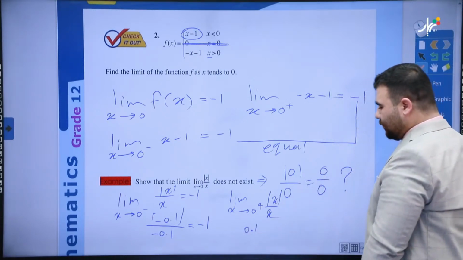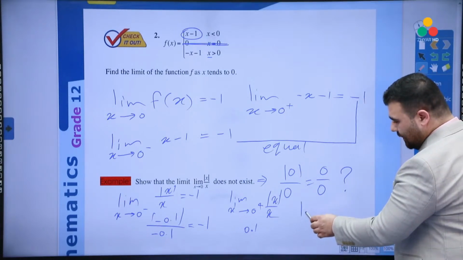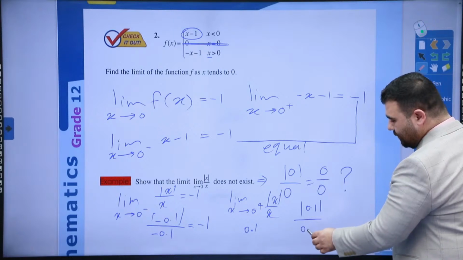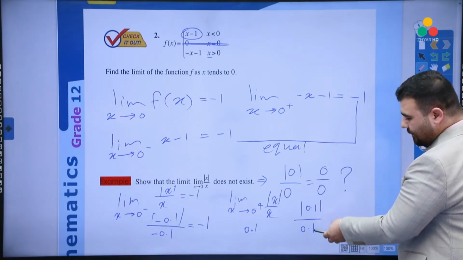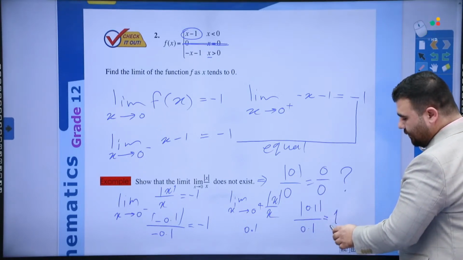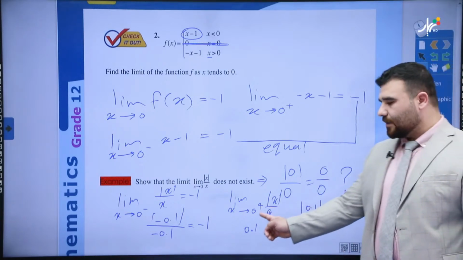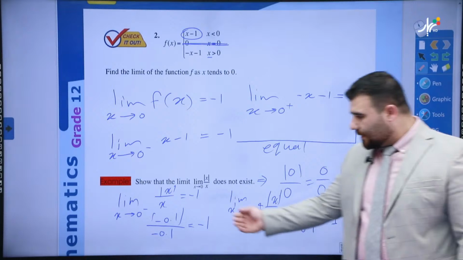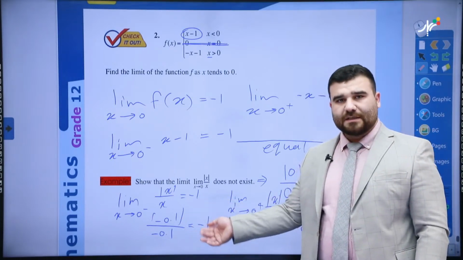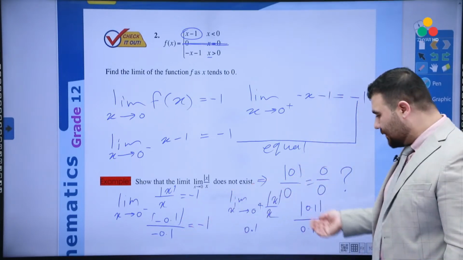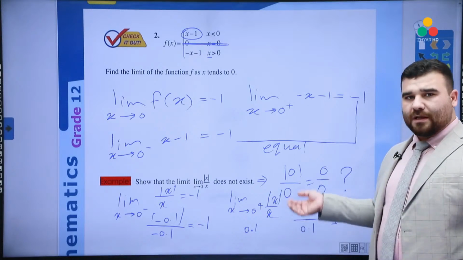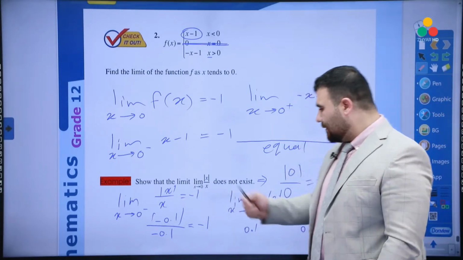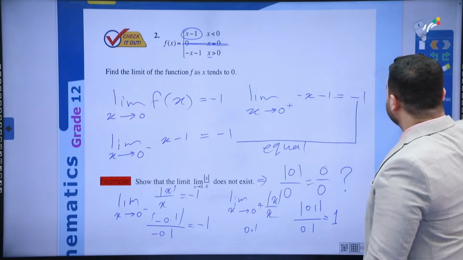Now if I put 0.1 in place of x, I'll have something like absolute value 0.1 over 0.1. This is positive, the result is 1. Now look at the right limit. The right limit is equal to 1, while the limit on the left side is negative 1. Since the left limit and the right limit are not equal, then this limit does not exist. We showed that it does not exist.